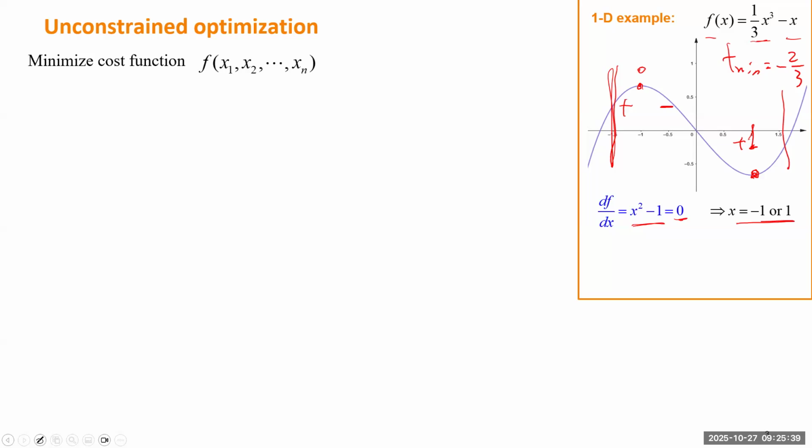At the minimal point, on the left it is negative, on the right it is positive, and here it is 0. So at the minimal point, the slope gradually increases from negative to 0 and to positive. At the maximal point, the slope decreases from positive to 0 to negative.